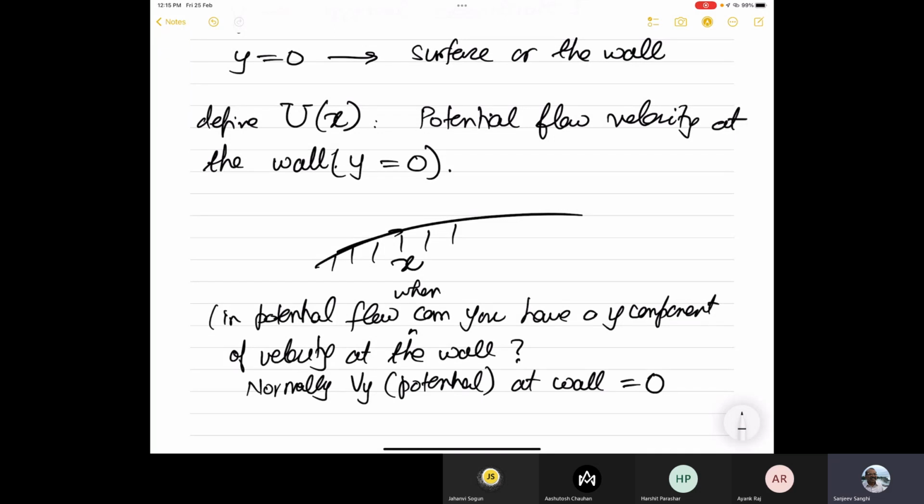Why is Vx not 0 in the potential flow? If I'm talking of potential flow, can Vx be non-zero at the wall? Please answer. In a potential flow at the wall, just at the wall, can the velocity be non-zero?